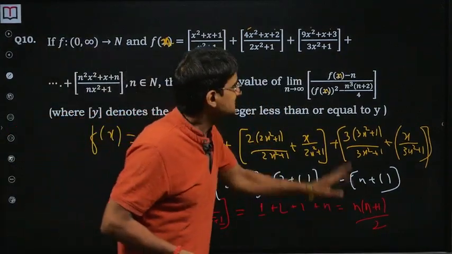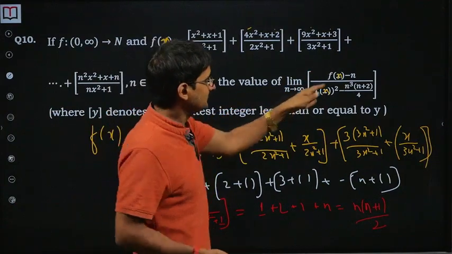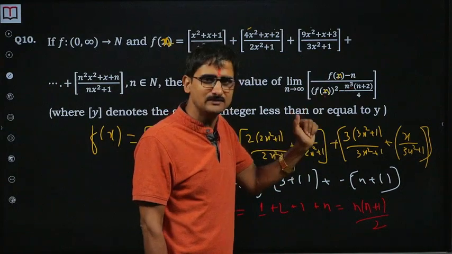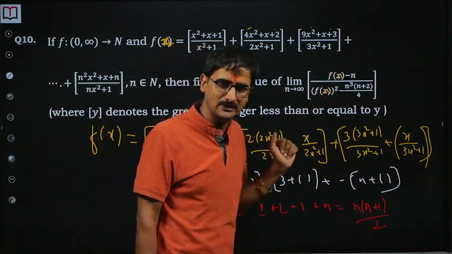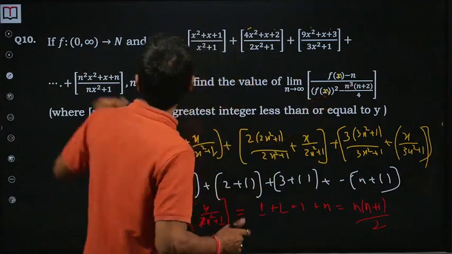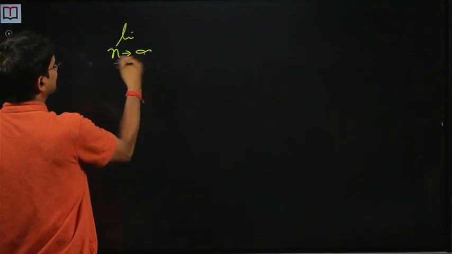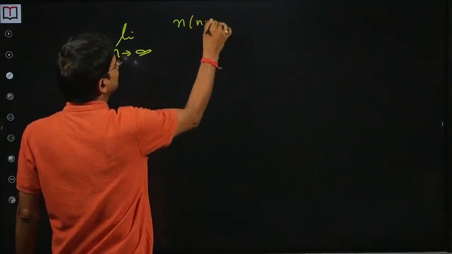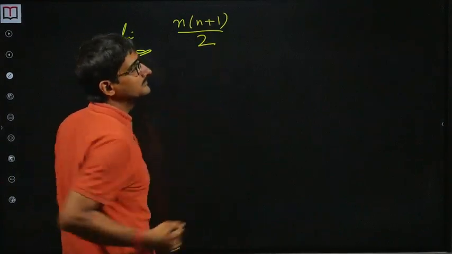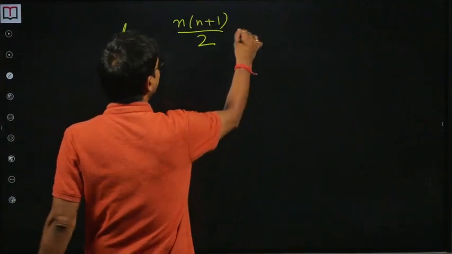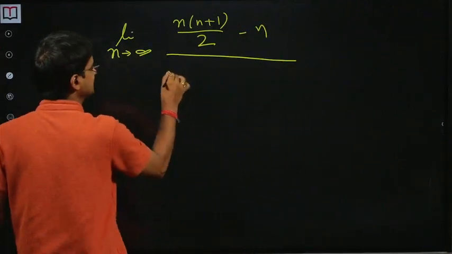So f of x is this, so you have to just substitute it here. It's a 4 degree polynomial here, a 4 degree polynomial here, and a quadratic polynomial here. That means you will be able to simplify it, because an infinity by infinity form can be solved to get a non-zero finite value only when the degree of both numerator and denominator matches.